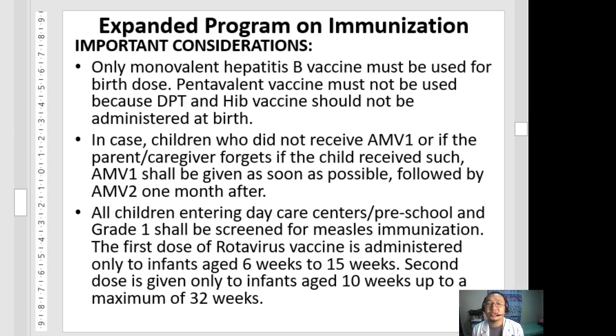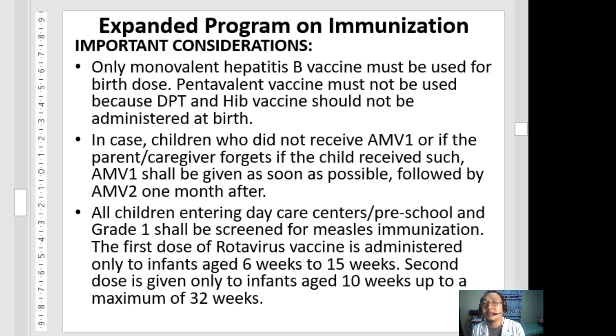Okay, other considerations: only monovalent hepatitis B vaccine must be used for birth dose. As you can see in the table that I've presented, there is the pentavalent vaccine with Hepa B vaccine, and there's a column there that separates the Hepa B vaccine. Those are two different vaccines, and the separate Hepa B vaccine is what monovalent refers to, which is only used for birth dose.